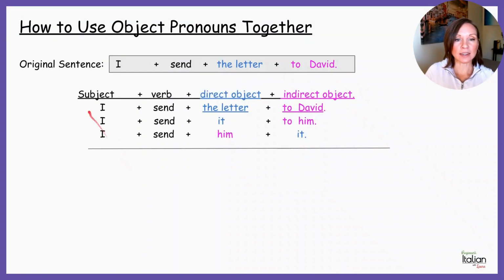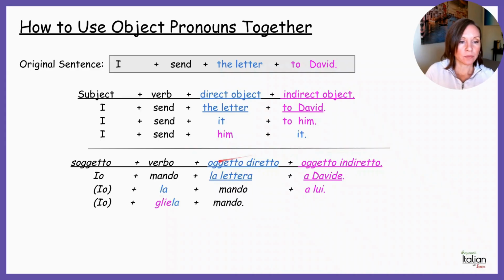In English, we have I send the letter to David becomes I send it to him, okay, it being our direct object pronoun, and to him is our indirect object pronoun in English. So I send him it. I send him it. Okay, I send it to him or I send him it. Sounds kind of funny to say that, but we could say it that way. In Italian, we have io mando la lettera a Davide is our original sentence.